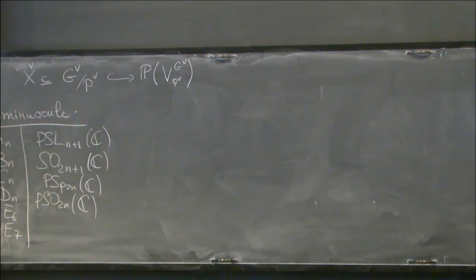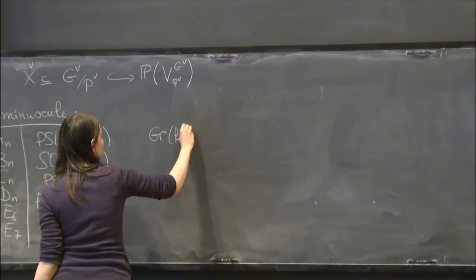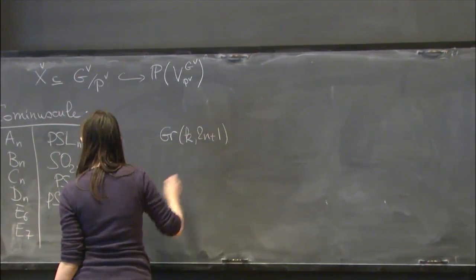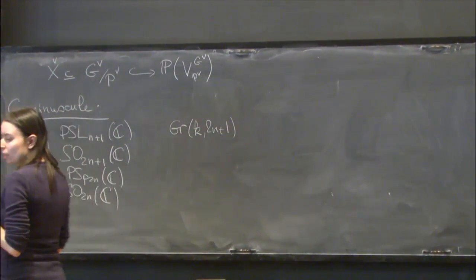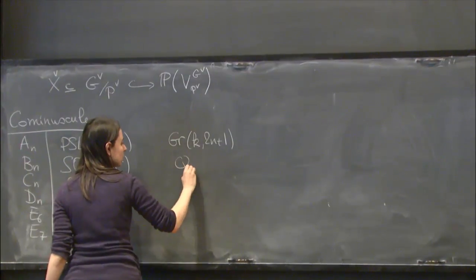The corresponding cominuscule space, in that case, it's all the Grassmannians. Here in type B_n, we get the quadrics, so the odd quadrics.